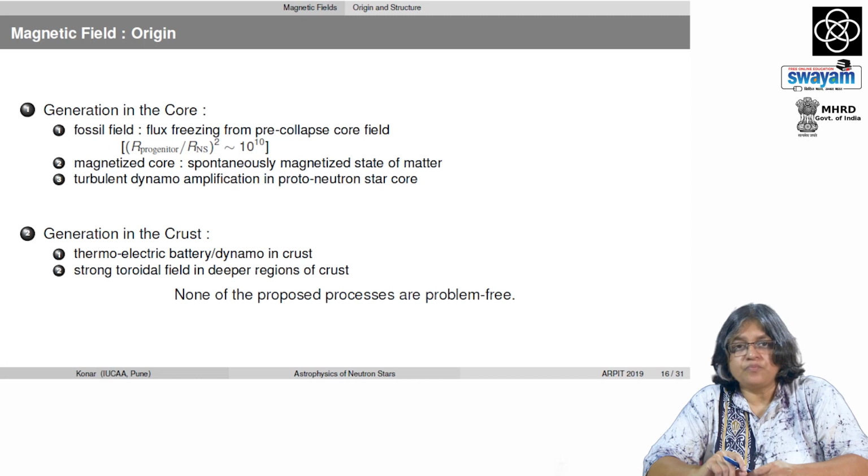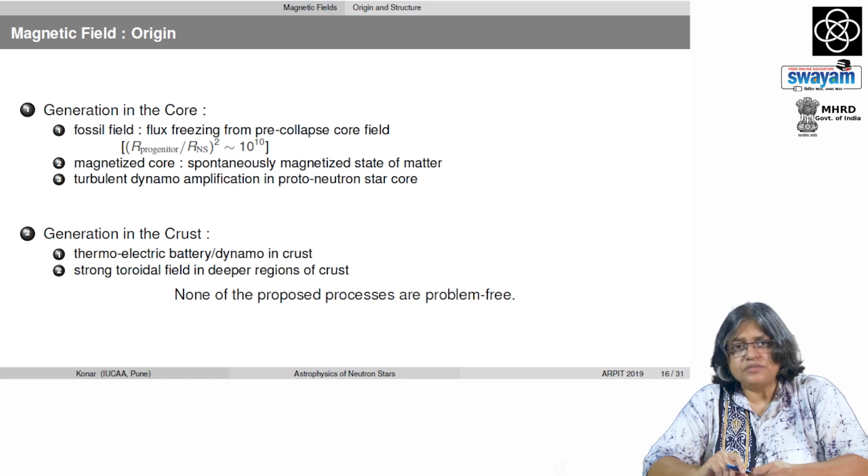At the time of collapse to a neutron star, if the flux has been conserved, then a simple scaling, which goes by the radius of the progenitor divided by the radius of the neutron star squared, gives a scale factor large enough to give us the strength of magnetic field that we observe in today's neutron stars.